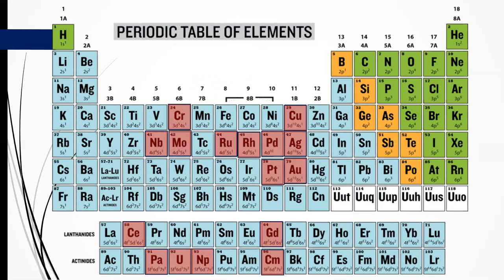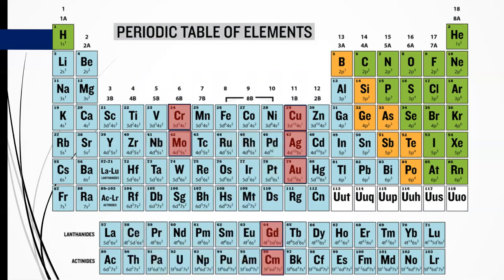Since these are experimentally found, there's not always a rhyme or reason to why they take on the electron configurations that they do. That can be a challenge for us. It can be very difficult to go through and come up with rules about why one is irregular and one is not. So for our class, we're going to reduce that down.